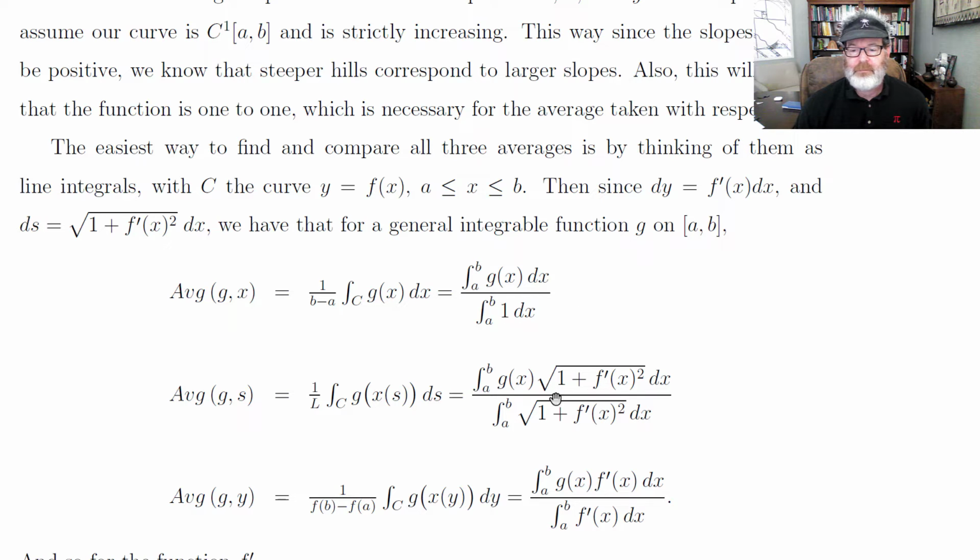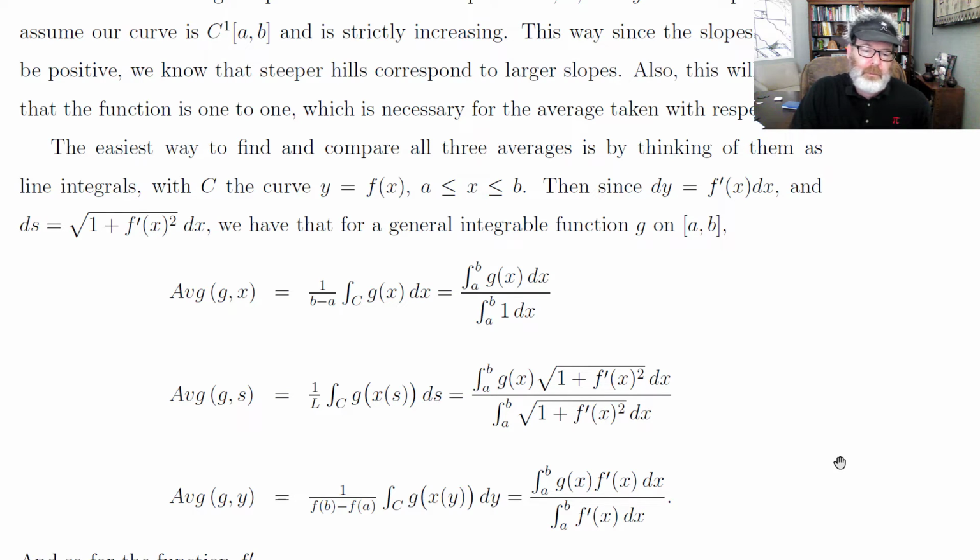So if we look at these three things, notice it's a lot like Jensen's inequality, where I have the integral of p dx and then g times p. So here the p is 1, here the p is this quantity, and here the p is f prime. So it's convenient that for average value, the form of Jensen's inequality is perfectly made.